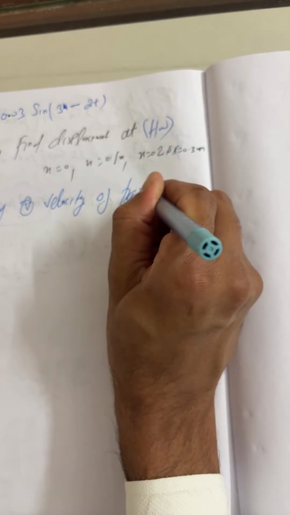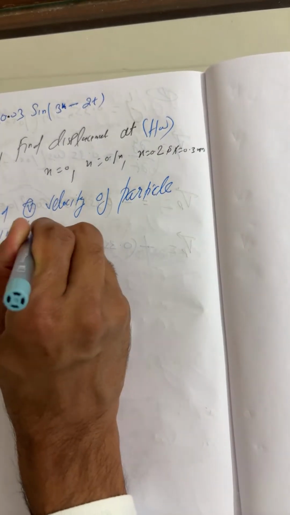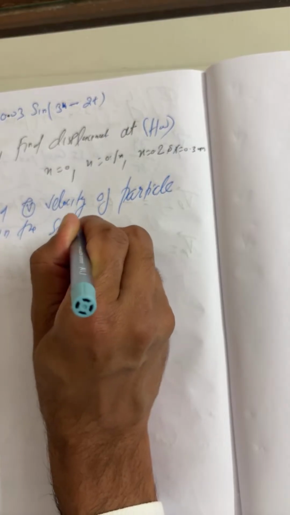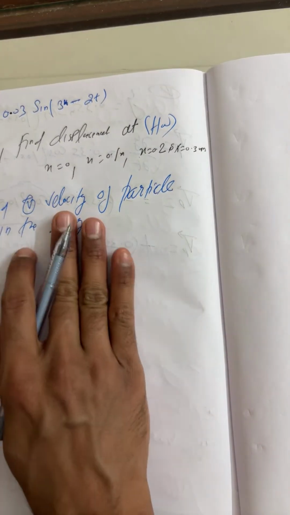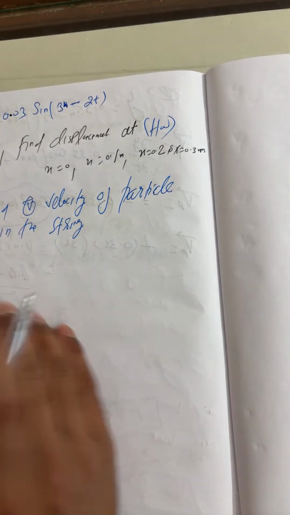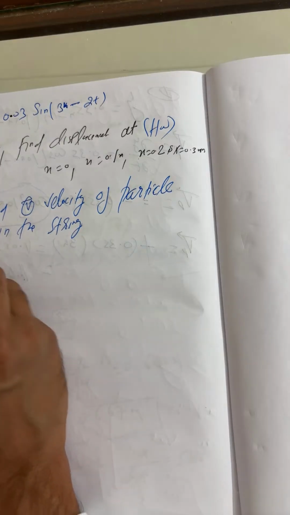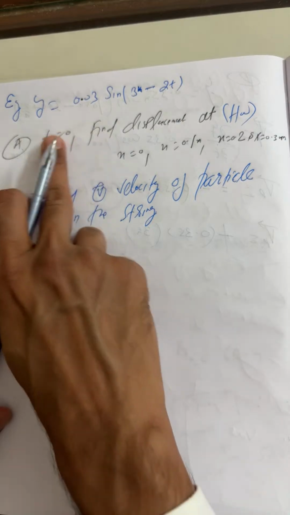I'll do this question only, and the remaining parts I'll leave for your home. Velocity of particle, how can we find it? That's simple, just the given equation.